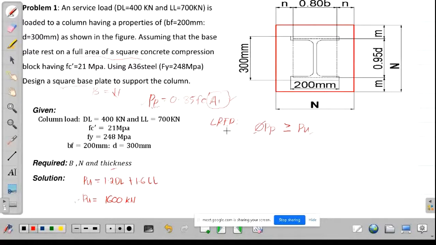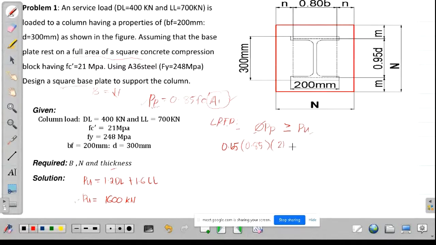So, substituting here in our limits, yung phi natin is 0.65. And yung PP natin, that is 0.85 FC prime, anong FC prime natin? That is 21 MPa.